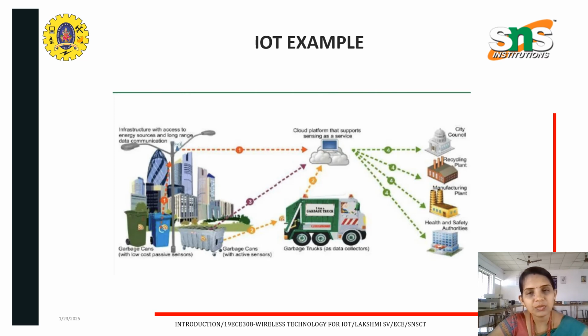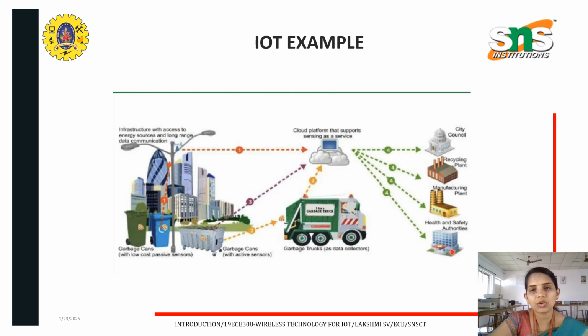Here is an example for an IoT. A basic simple example is a garbage monitoring system, an urban waste management system. Here you could see that the garbage cans are there. When a can is filled, a notification is sent to the cloud platform, and from there it is given to various end users so that the waste is collected and taken to the recycling plant, manufacturing plant.